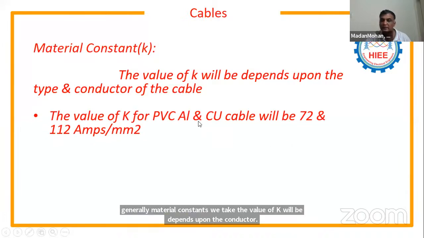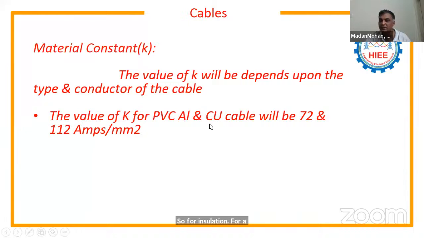For PVC insulation around the conductor, for aluminum your K factor will be 72, and for copper your K factor will be 112 amperes per mm square.